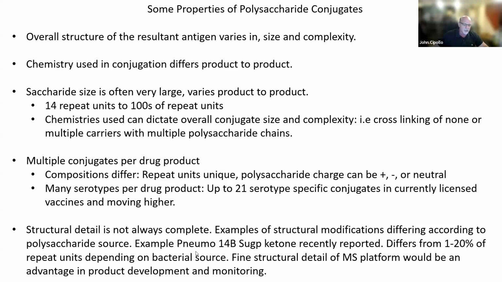For instance, presence of a ketone in type 14B in pneumococcal bacteria. And this modification can be from anywhere from 1 to 20% of the repeats. So you can imagine if that's part of the antigen, you're looking at large differences depending on the strain you choose.